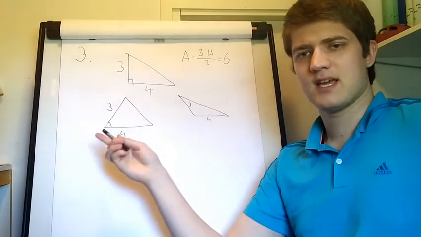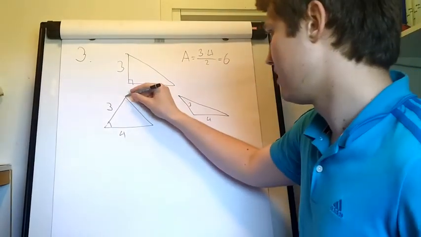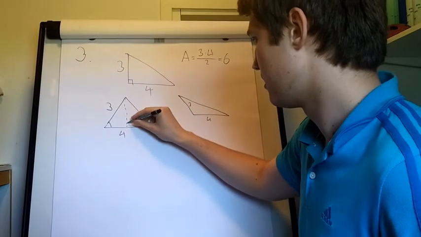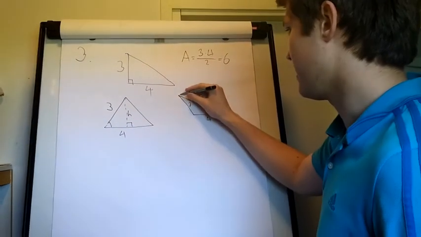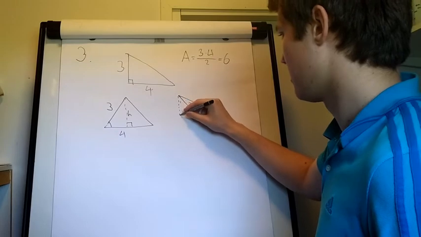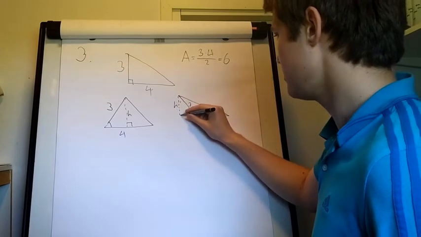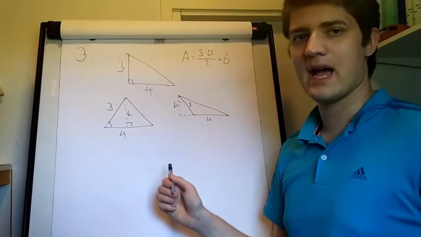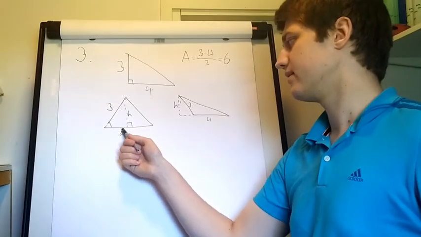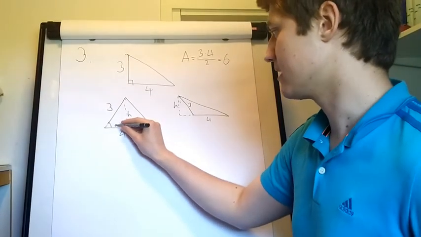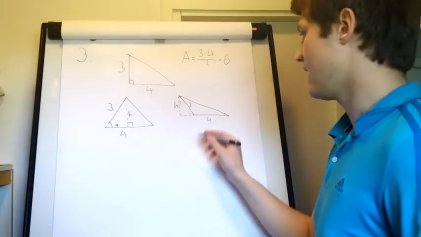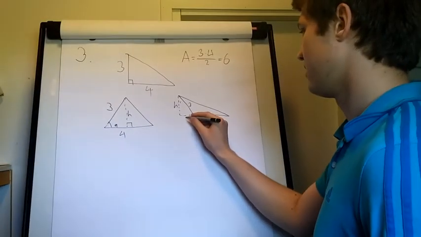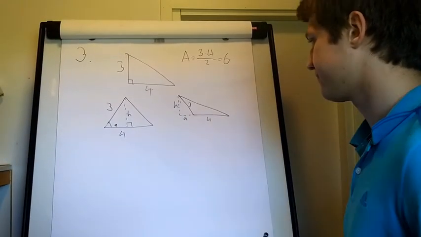But in both of these cases, we can mark the height of the triangle with h, and we can mark this little line segment here with a, and also this one we can mark with a.